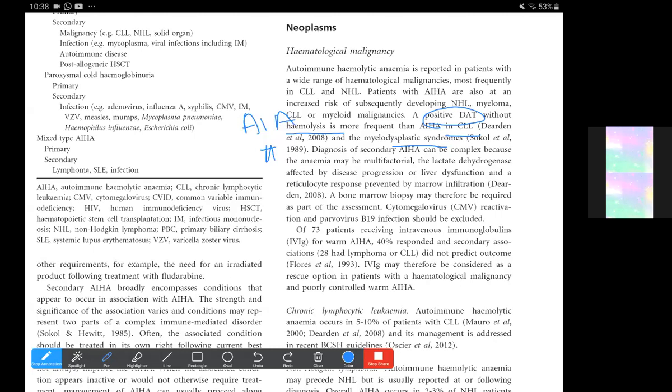So the diagnosis of secondary autoimmune hemolytic anemia can be complex because the anemia may be multifactorial, and the LDH may be affected.